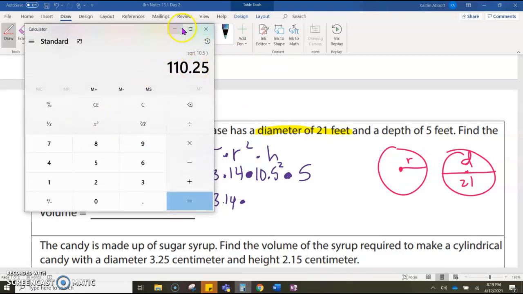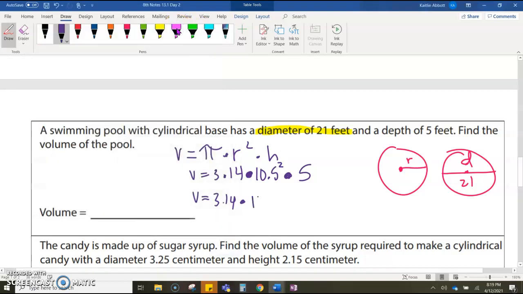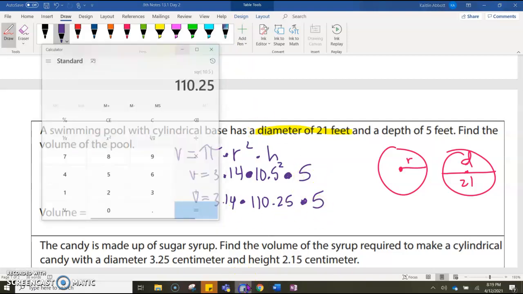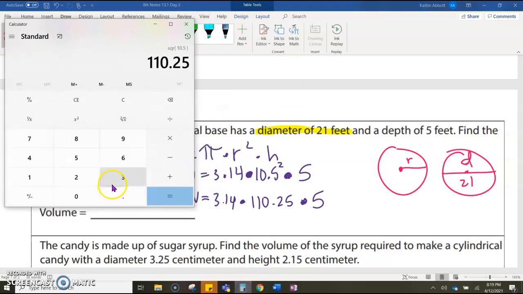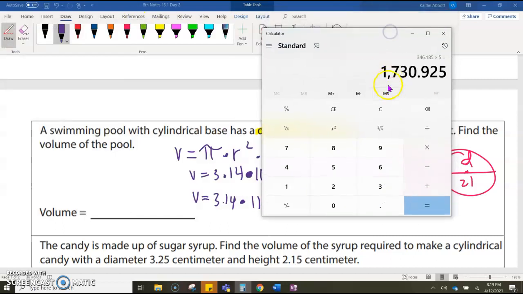That gets us 110.25 times 5. All right, let's put all this in the calculator. So I got 3.14 times 110.25 times 5 equals, there's my answer.